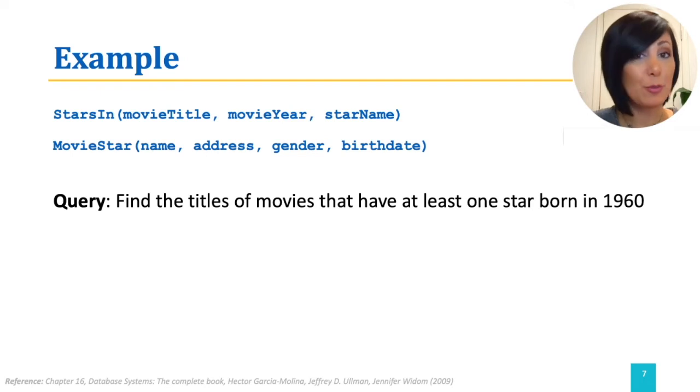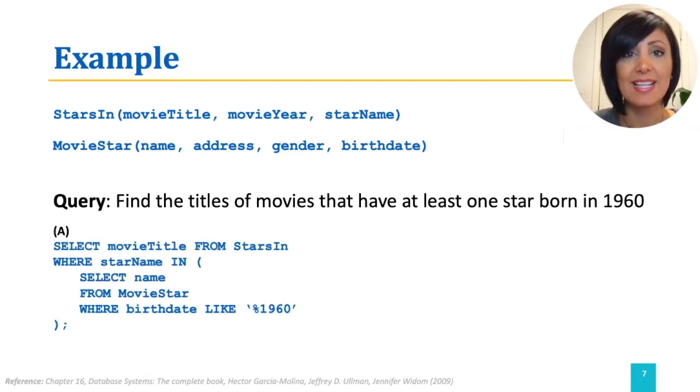We have written two queries to find the titles of movies that have at least one star born in 1960. The first query, A, selects the name of movie stars that are born in 1960 using a pattern on the birth date attribute in the movie star relation, uses that in a subquery, and finds the movie titles with those stars in the outer query from the stars in relation.